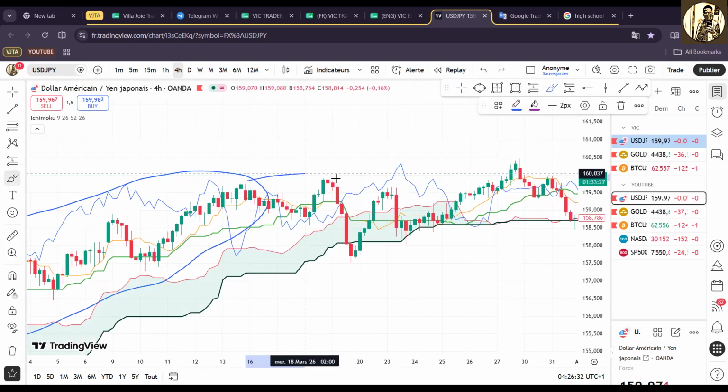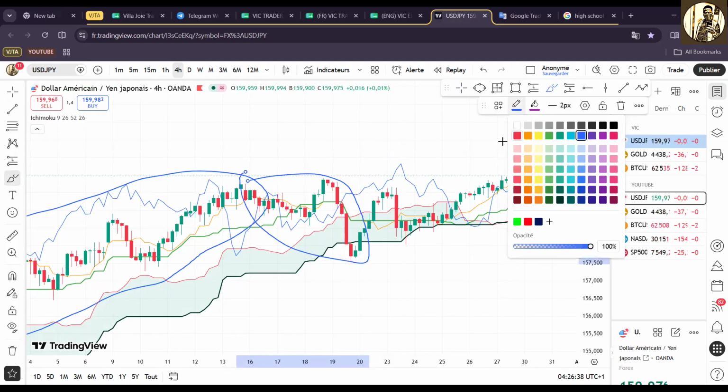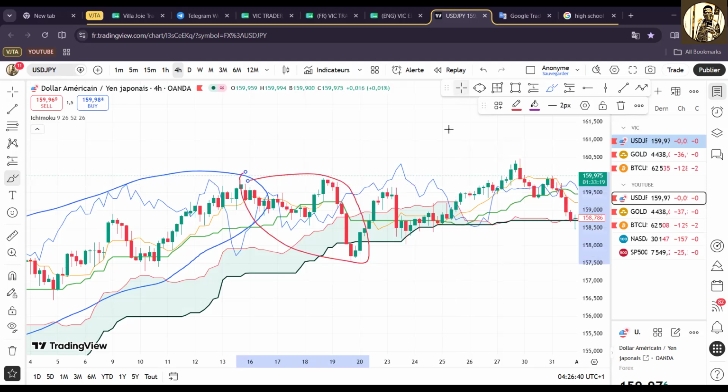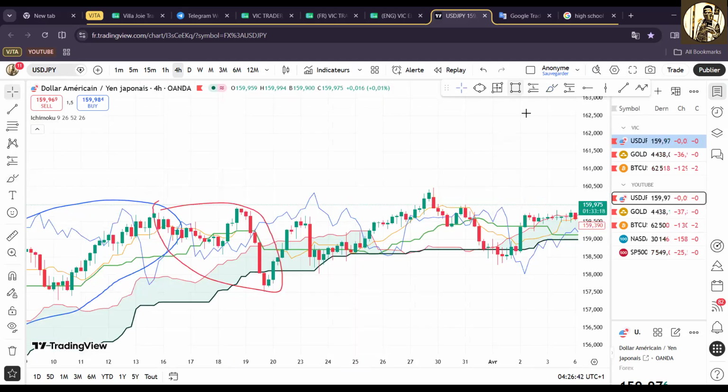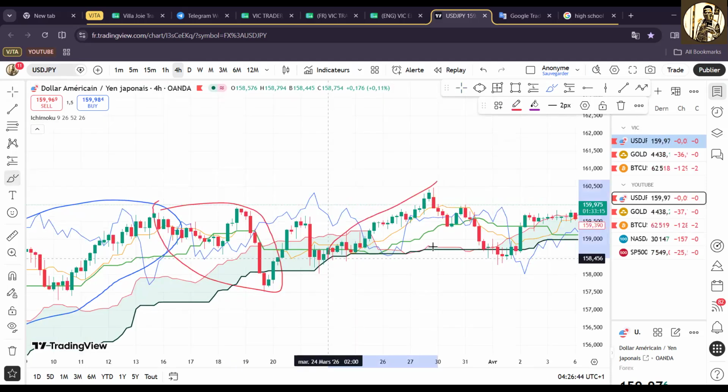Then this one will be the correction. Then from this place, you have the push trend.